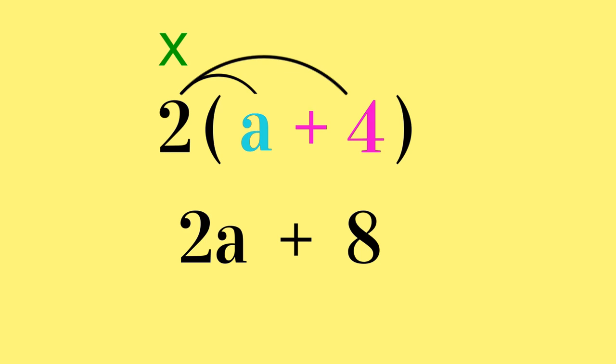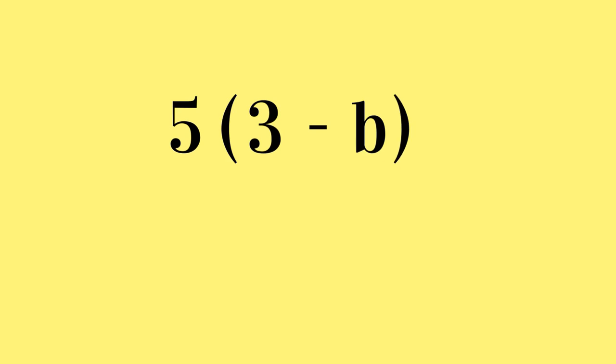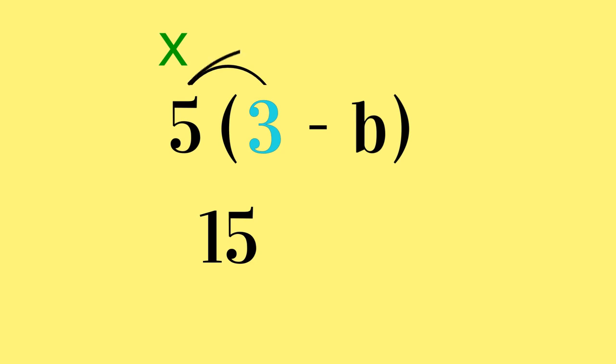Here is another example. If we had 5(3 - b), we start by multiplying 5 and 3, which gives us 15. Then we multiply 5 and negative b.